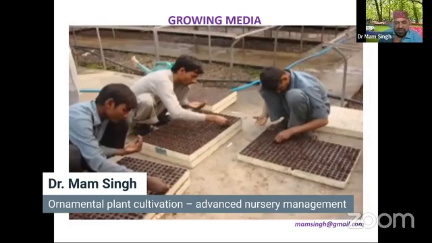So here, after the media is poured, small depressions are made, and a single seed can be planted in each cell of the trays. This is the manual planting in the growing media, where we can manually fill the trays and plant each single tray. But this work can also be undertaken by pneumatic seeders in small machines, where uniform planting can be done.